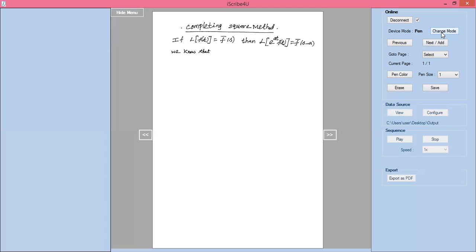Now the procedure. We know that L inverse of f bar of s equals f of t. L inverse of f bar of s minus a equals e power at into f of t.